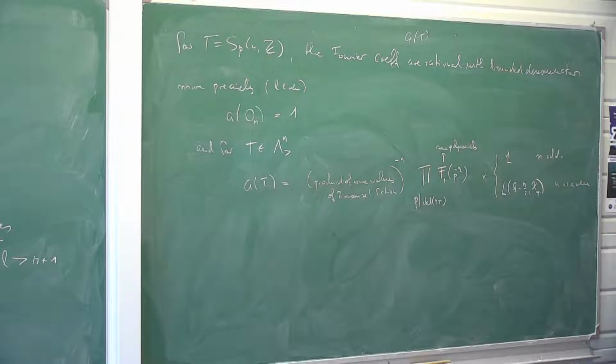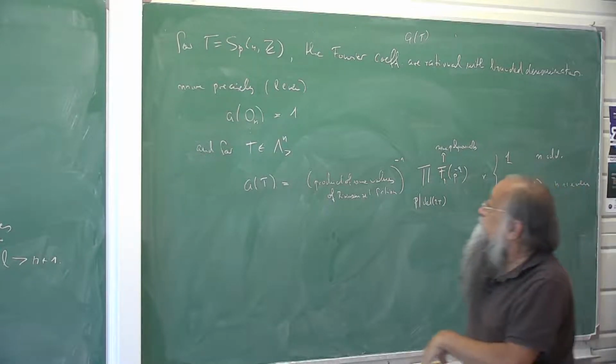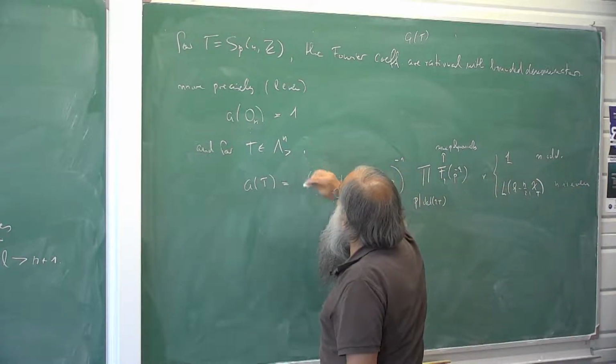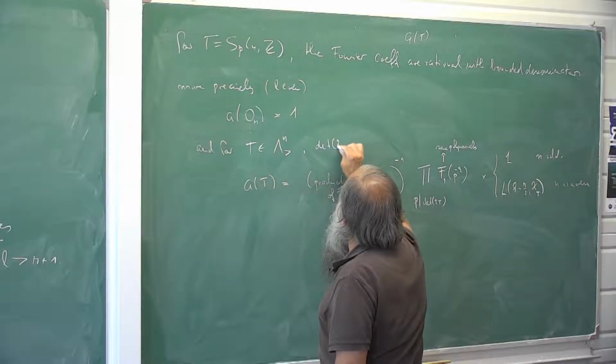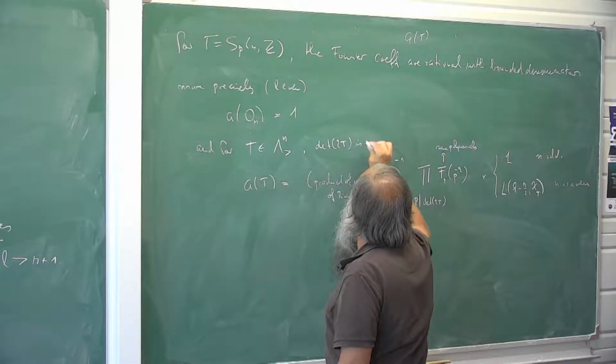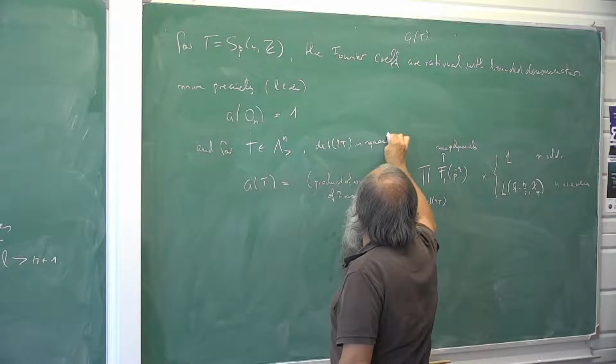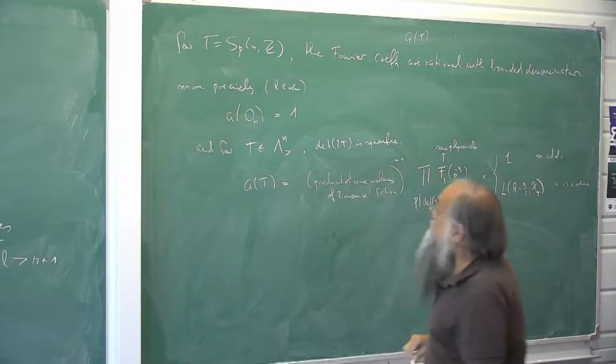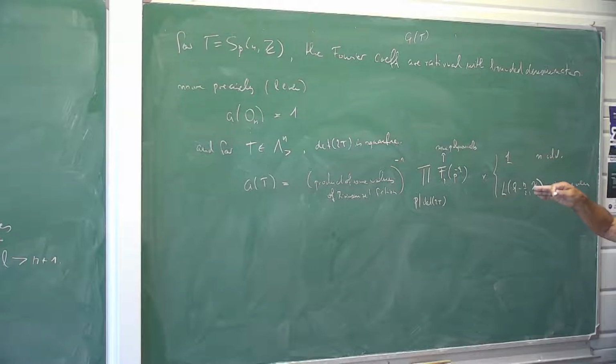So now, say this is true if the determinant of 2t is square free. Otherwise, the formulas are finite sums of such things.